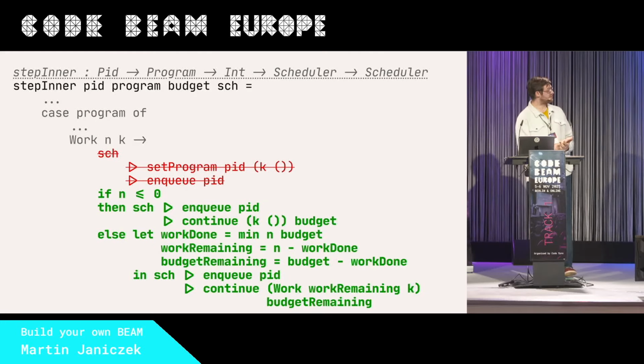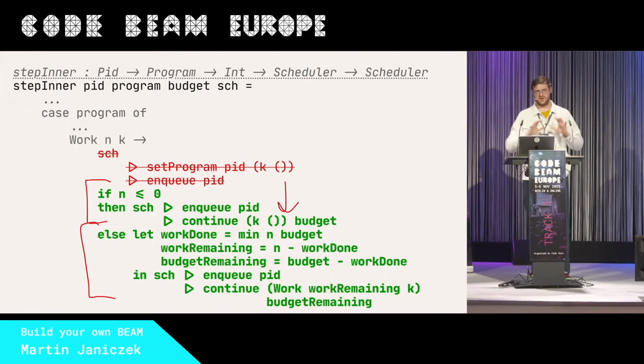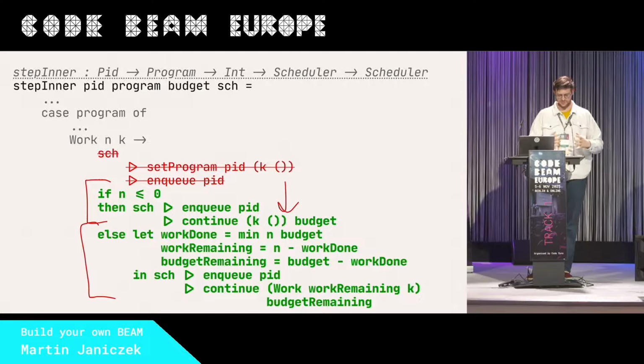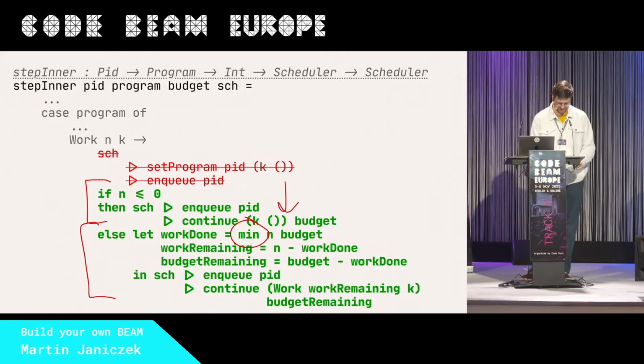So most of the work happens here, where in the work instruction, if there's no work to be done, we just use the continuation. If there is work to be done, we figure out how much work we can actually do, right? So there might be 999 units of work, but we can only do 7. So this min calculation will do that. We propagate that, so we remember the rest of the budget, and we recurse.